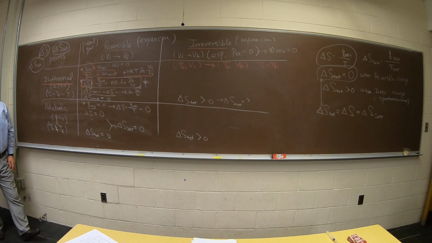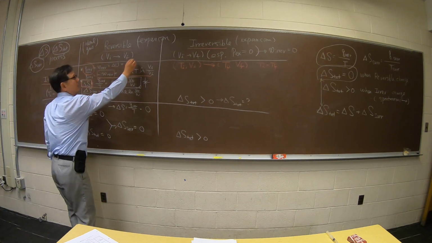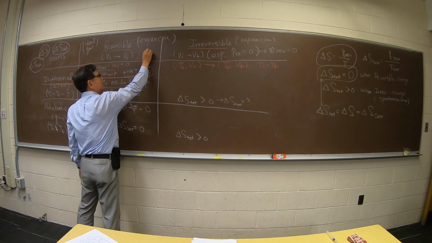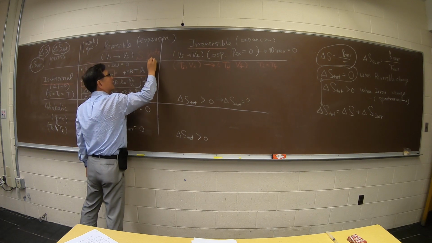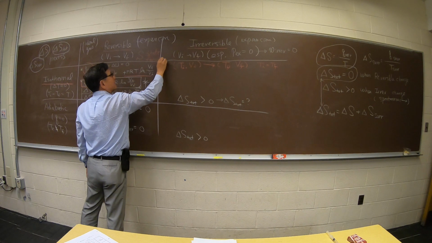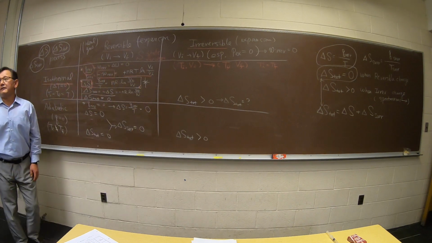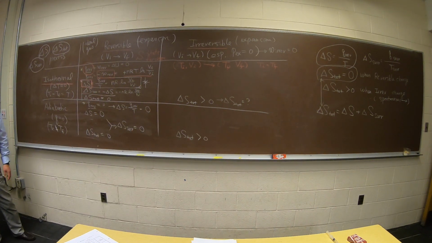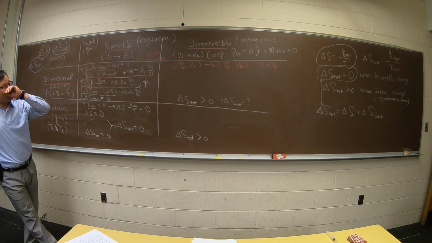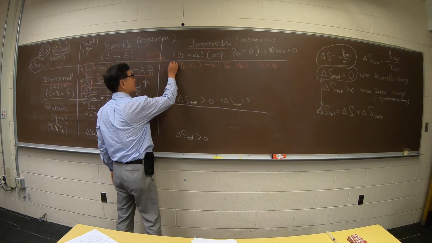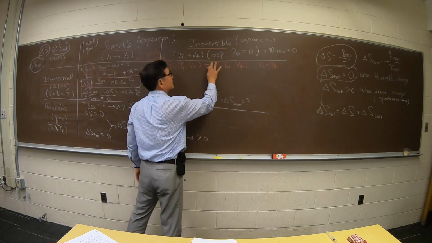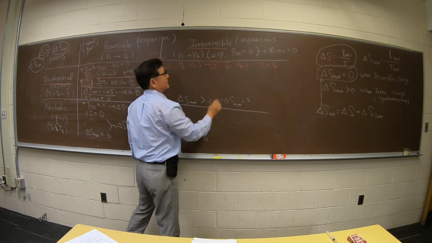But do you remember S is a state function? What matters is the state difference between before and after. And a thermodynamic variable such as S should depend only on temperature and volume.